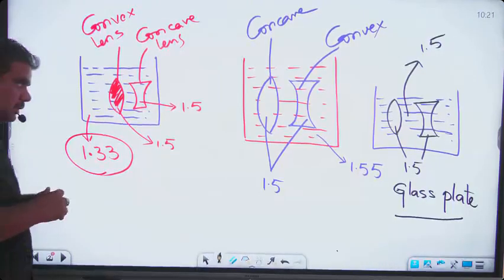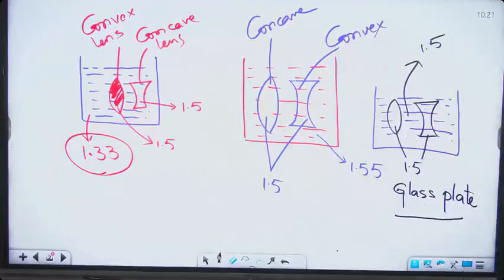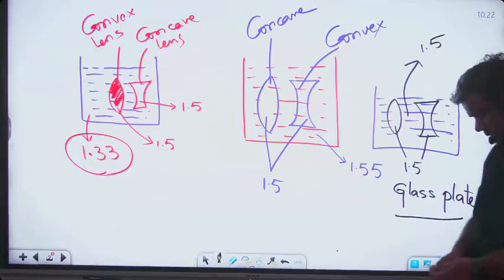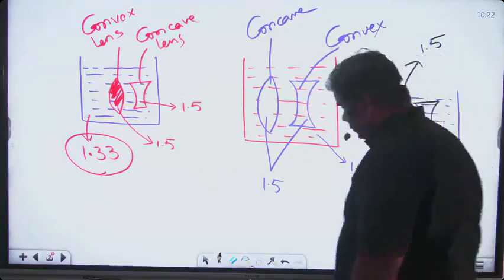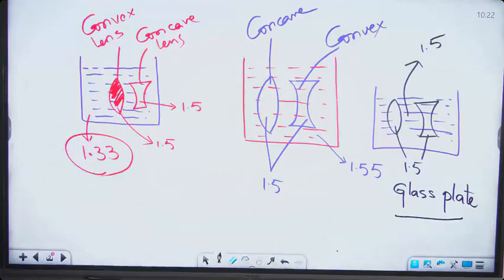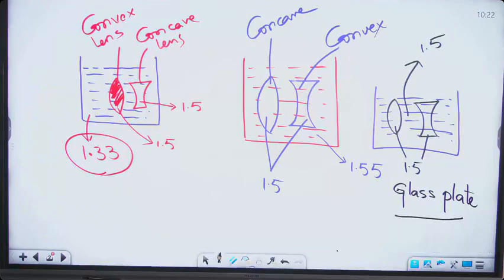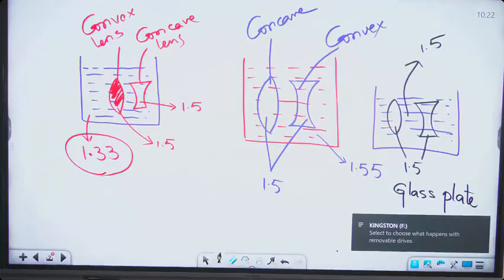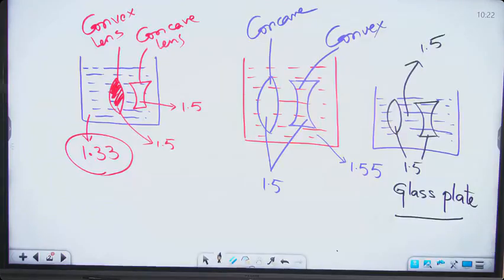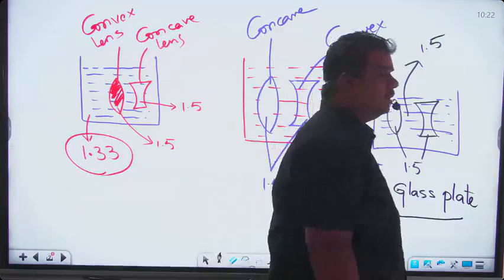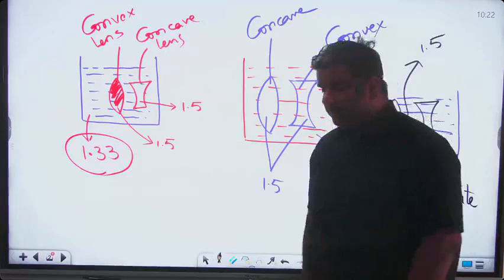Next. When the lenses are placed in a liquid of high refractive index, then a convex lens will behave as concave, and a concave lens will behave as convex.